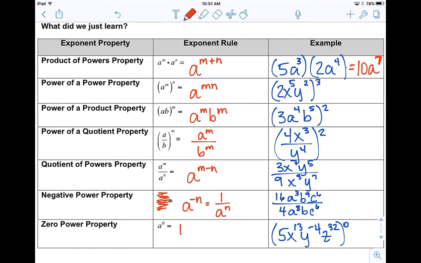Next one, power of a power property. This time we have an exponent inside parentheses and outside parentheses. When that happens, we're going to multiply those exponents together. Alright, we're basically distributing that exponent that's outside parentheses to everything inside. So we'll distribute the 3 to the 2, the 5, and the 2.